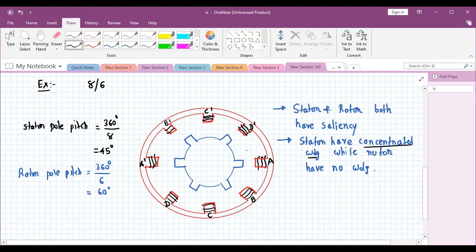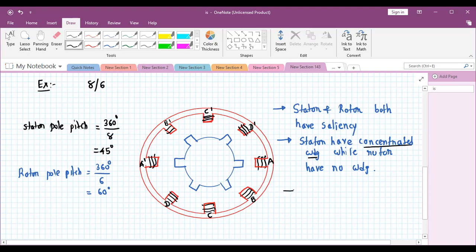Now the rotor. I hope that all of you know in the induction motor, the rotor is a squirrel cage rotor, yes or no? In case of the induction motor, the rotor is one type of squirrel cage. It is not constructed like this. So same here, the rotor has no winding. Here the rotor has no bars, so its weight is less.